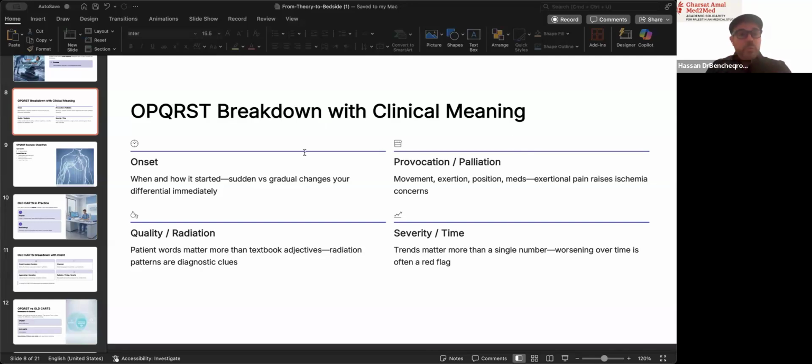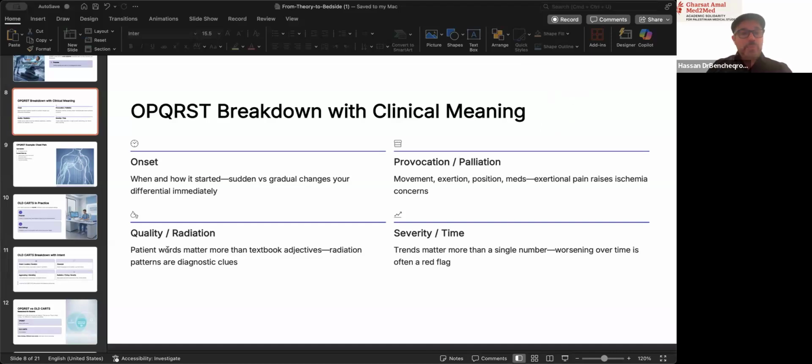Number three, we asked about the quality. What is the quality of that pain? It's tight, it's aching, sometimes it feels like a spasm. It's not sharp, it's not burning. And here you favor a muscle, not a radiculopathy, which is a nerve pain.